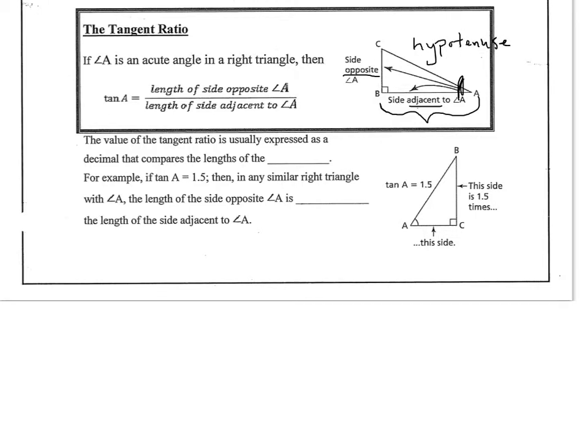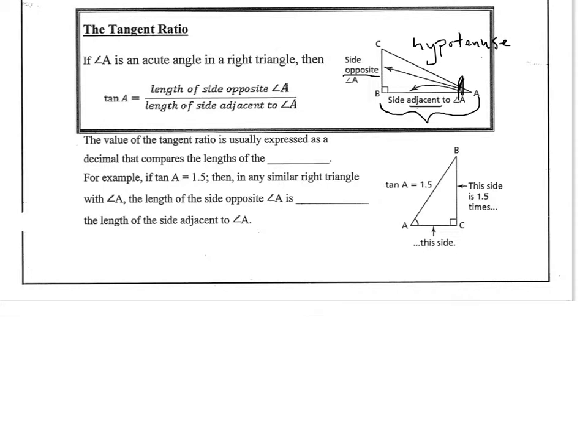Our hypotenuse is always the longest side of the triangle, and it's always exactly across from the 90-degree angle on a triangle. I'm going to leave hypotenuse there for a minute. Opposite is the side that is across from or the furthest away from whatever angle you're talking about.